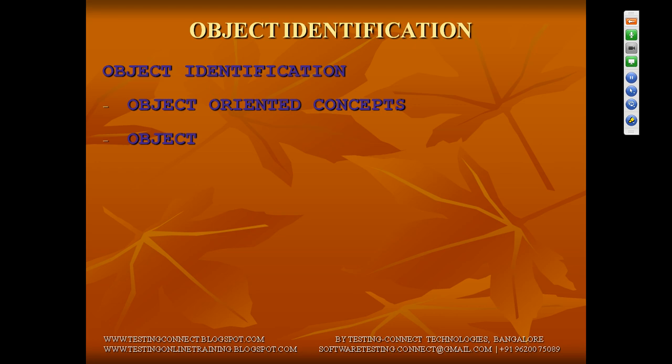Object you can define as any real world instance. Any real world instance you can consider as an object. Like around you, the stuff you are seeing, like a house, TV, fridge, fan, door, window, each and everything you can consider as one object.